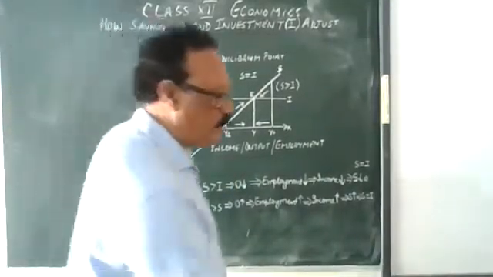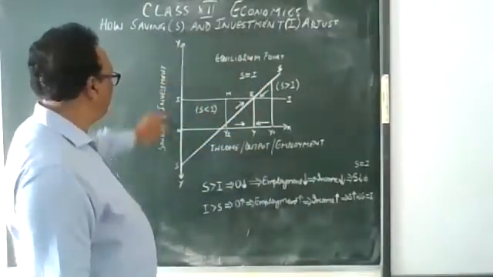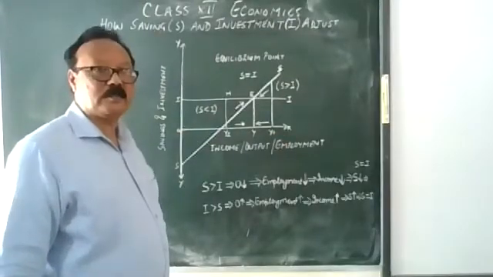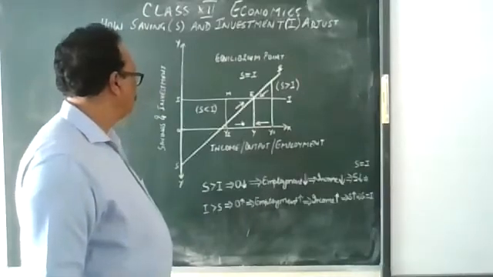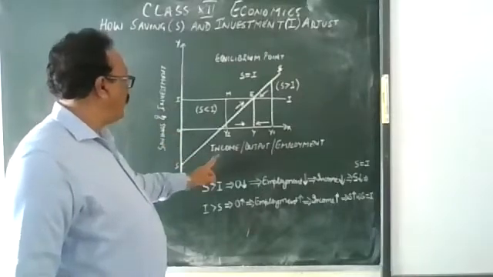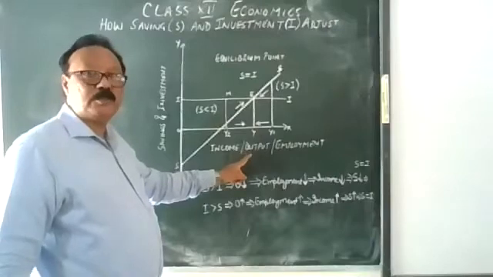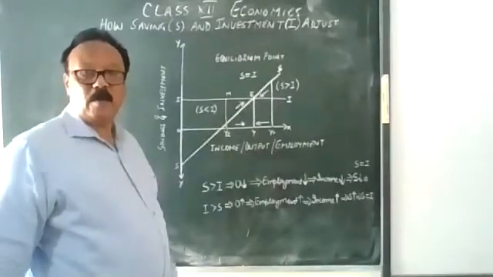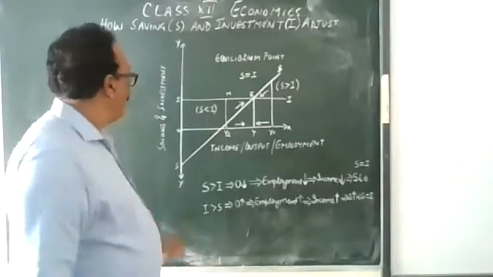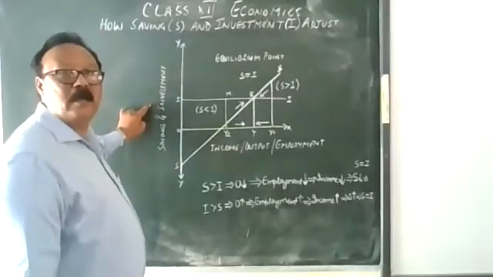Now the diagram is, you see over here the y-axis, and we have the x-axis. On the x-axis, what are we showing? Income, output, and employment. On the y-axis, what are we showing? Savings and investment.